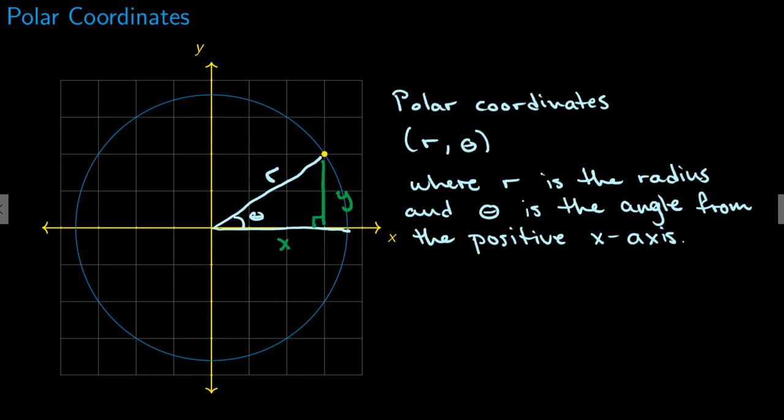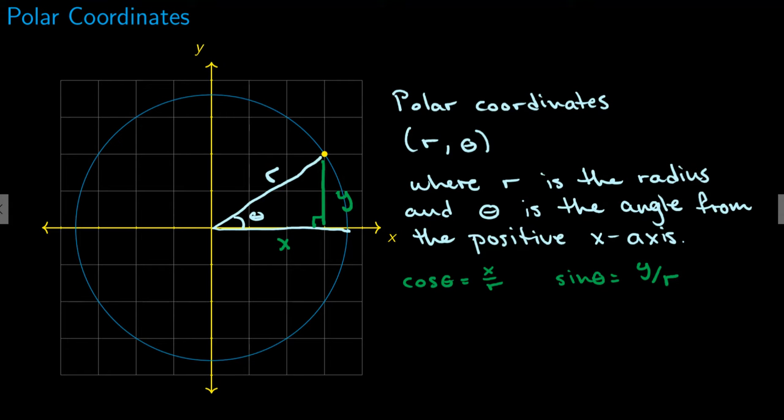And we can start specifying parts of this triangle using trig. So we can say cosine of theta is going to be equal to the adjacent side over the hypotenuse, or just x over r, and sine of theta is going to be the opposite side of the triangle over the hypotenuse, or y over r.